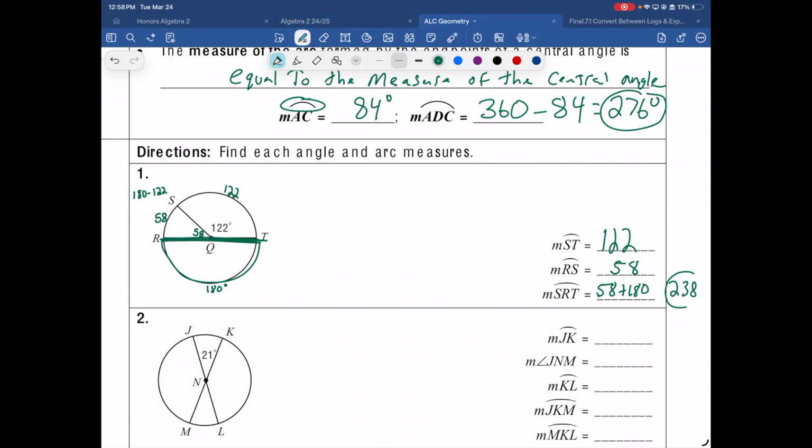So the measure of that arc is 238 degrees. Okay. You have to take your time on these questions, and you have to look and see exactly what you have from information that you know from the past.